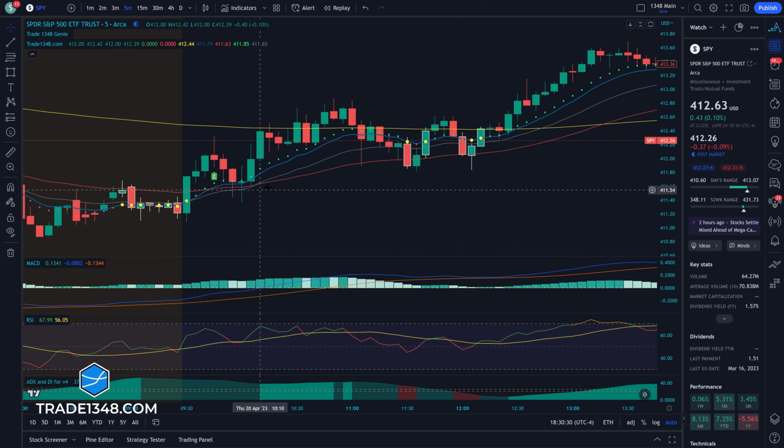If we were playing this to the upside, we established the 200 to be a possible level at which we would exit. We would also establish the 24 as our last resort to exit.